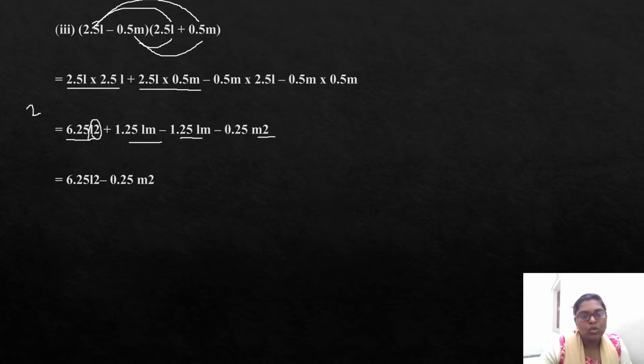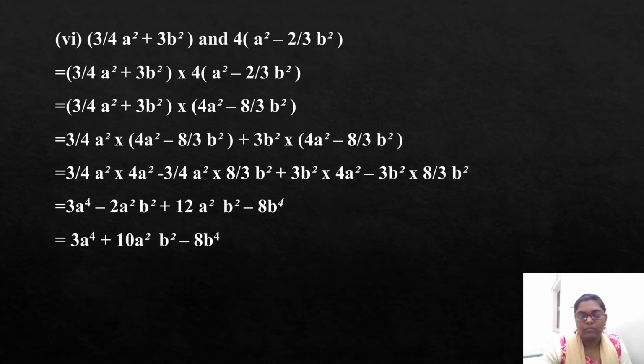Then your next problem. 3 by 4 a square plus 3ab, multiplied by 4, into a square minus 2 by 3 b square.